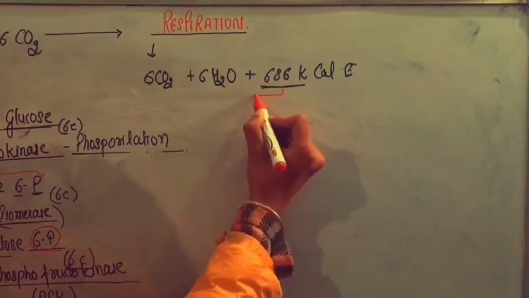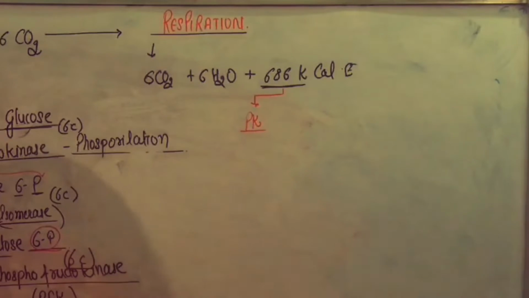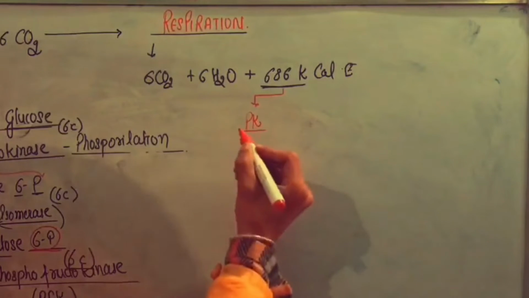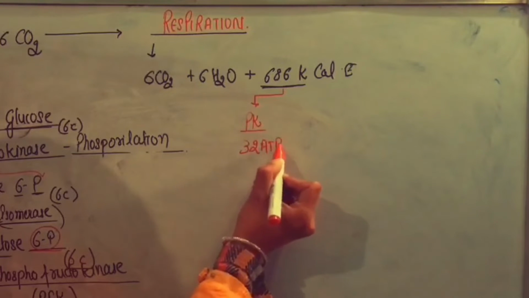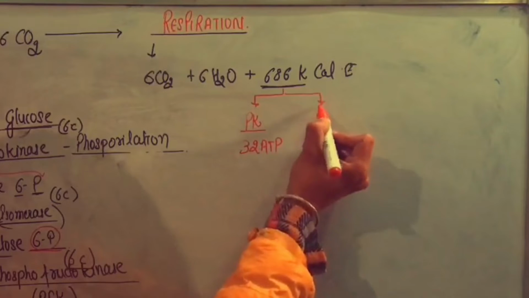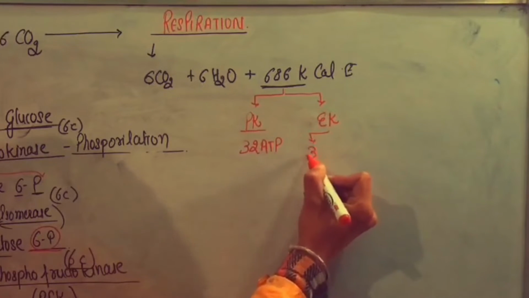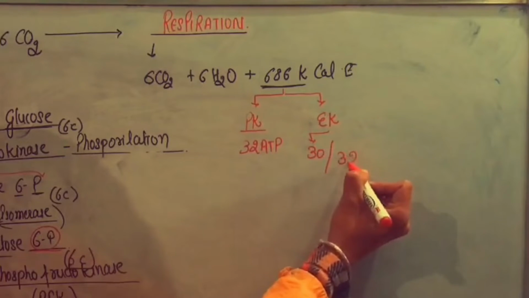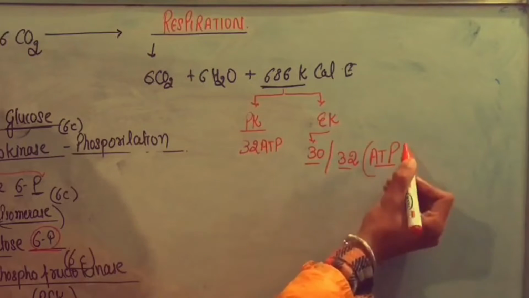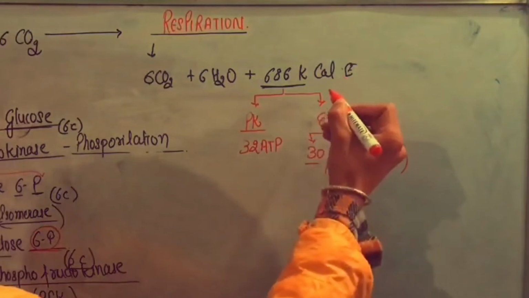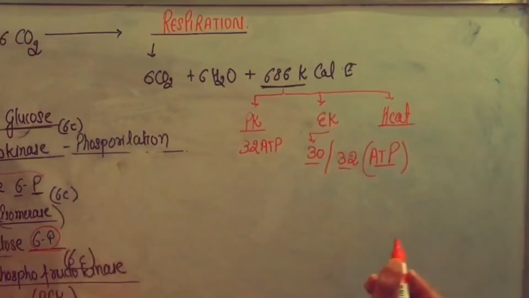This 686 kilocalories of energy, in case of prokaryotes, will form 32 ATP, and in case of eukaryotes, it will form 30 or it can form 32 ATP molecules, and the remaining amount of energy from the respiration converts into heat.